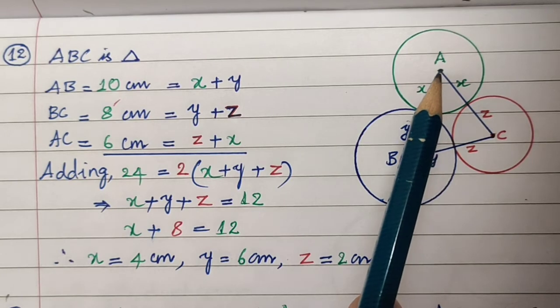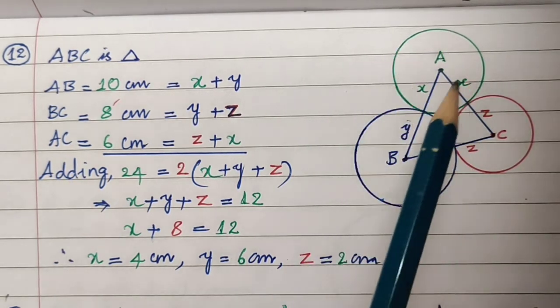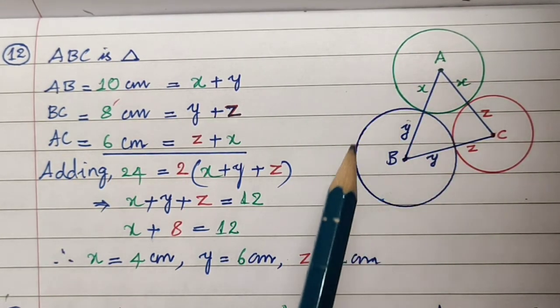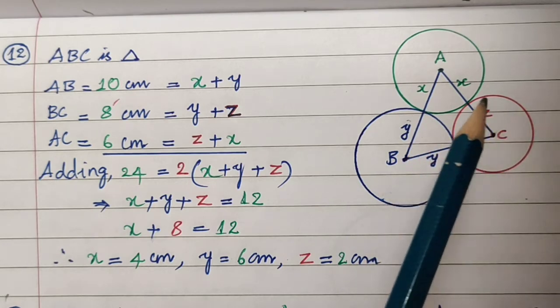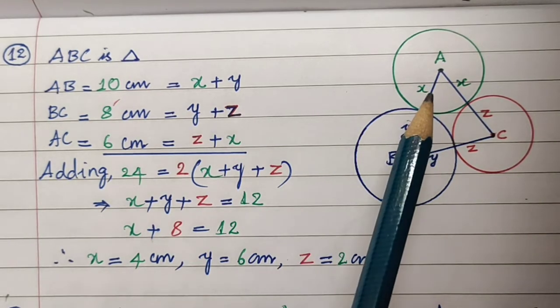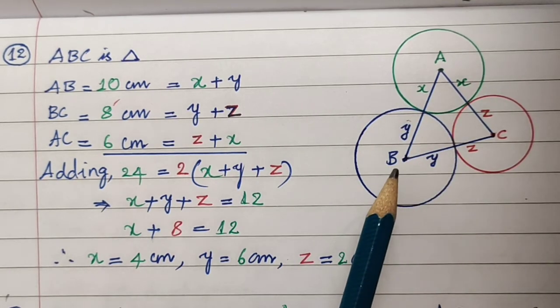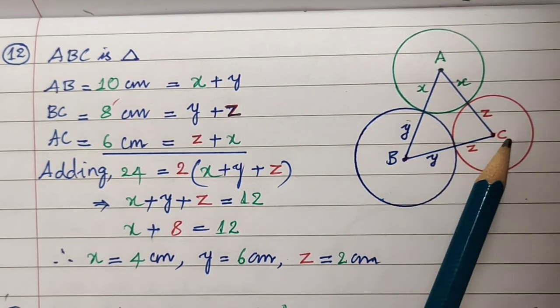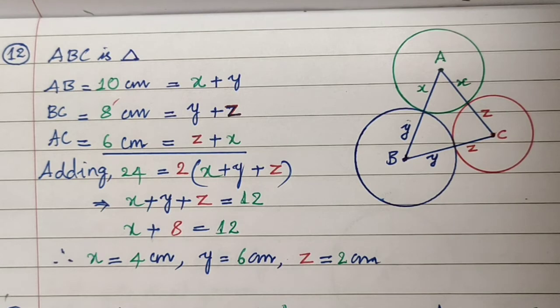Keeping A as a center, we have drawn one circle. B as a center we have drawn one circle, and C as a center we have drawn another circle. So they are touching each other. We need to find out the radius of the three circles. Let us take the radius of circle A as x, the radius of circle B as y and the radius of circle C as z.